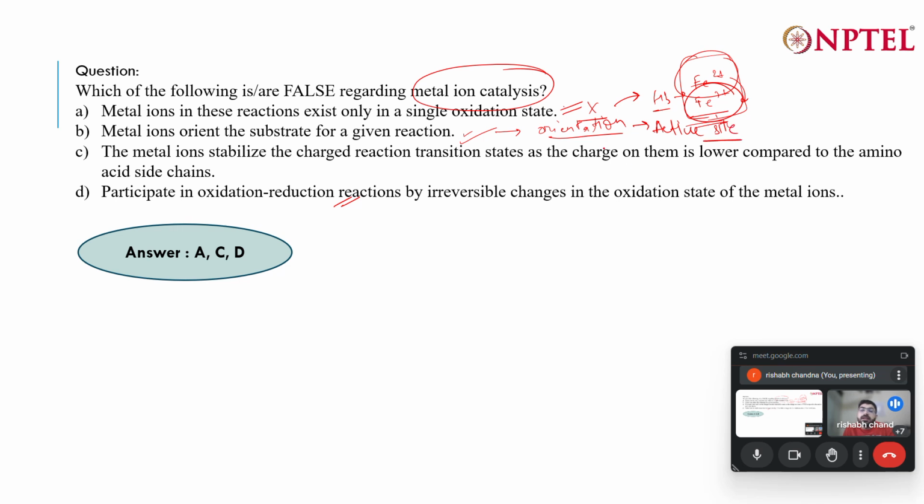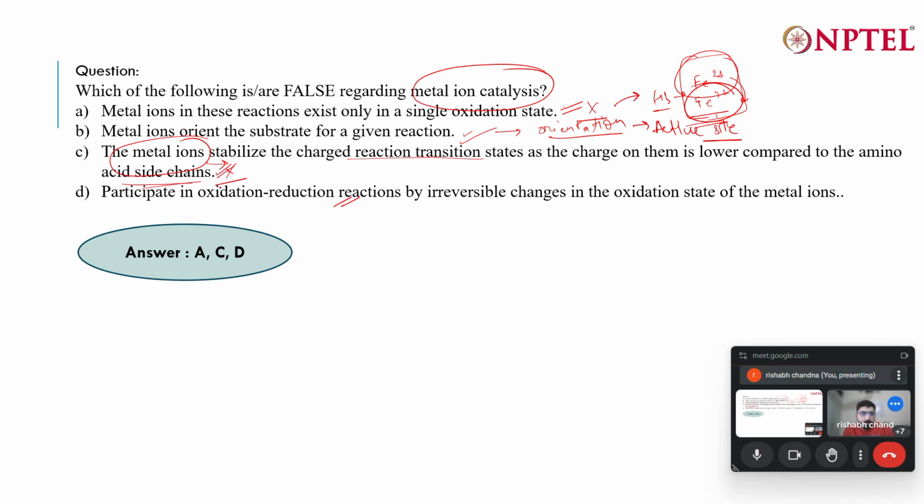Then, metal ions stabilize the charged reaction transition states as the charge on them is lower compared to the amino acid side chains. No, this is false because metal ions have more charge as compared to the amino acid side chains basically.